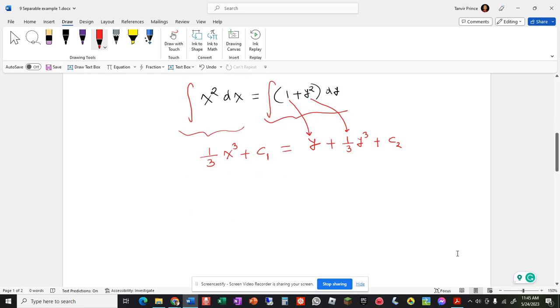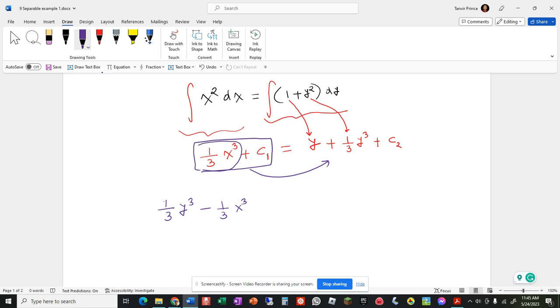So let's actually move everything to one side. I'm going to write 1/3 y cubed minus 1/3 x cubed. When I move 1/3 x cubed to the other side, it is minus 1/3 x cubed.